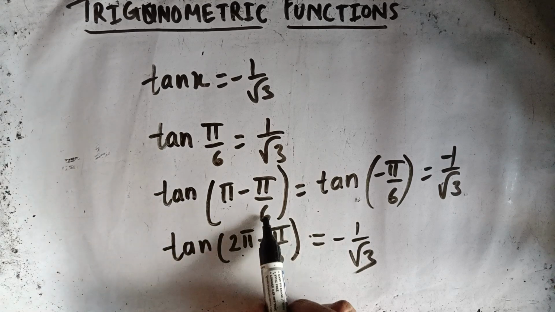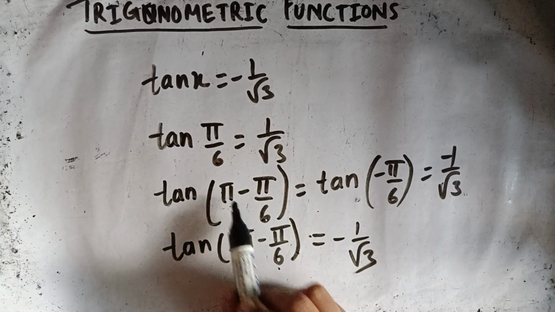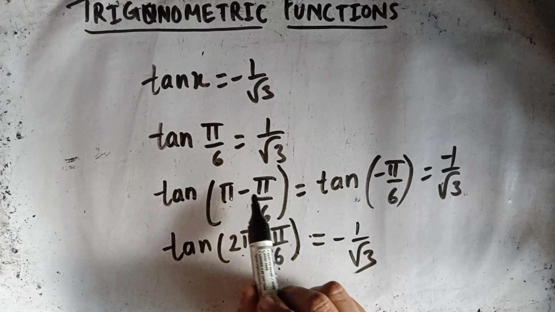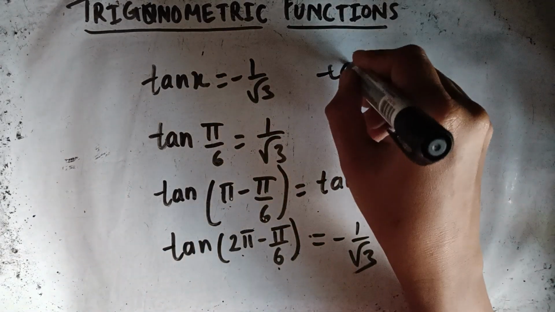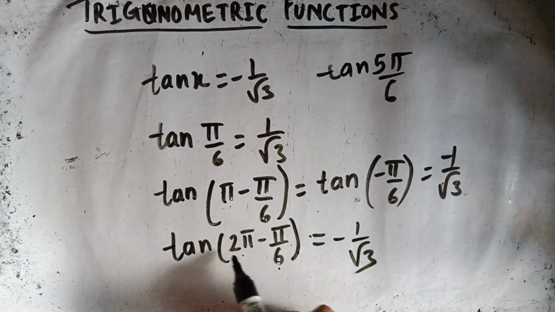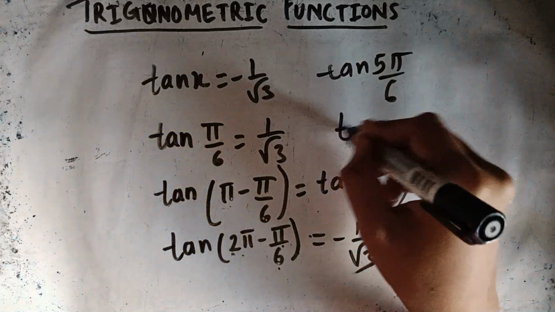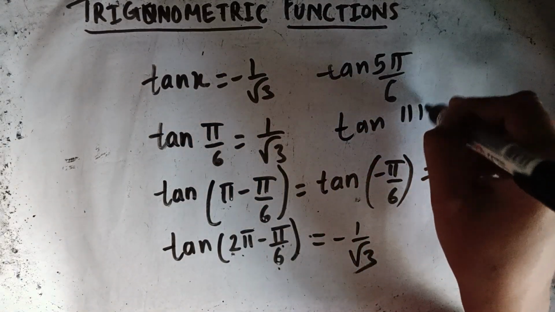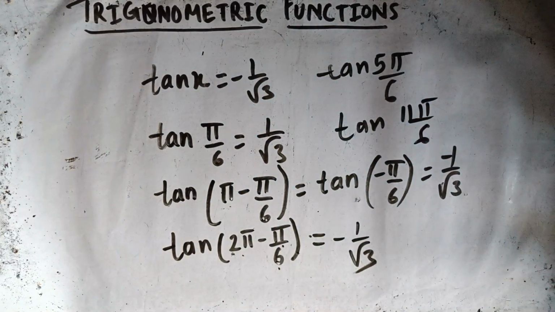So if you multiply this, this will be 6 pi minus pi, which is 5 pi by 6. So tan of 5 pi by 6. Then 6 to 12, 12 minus 1, so 11 pi by 6. So 5 pi by 6 and 11 pi by 6.